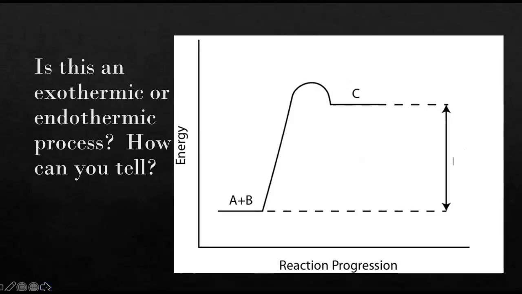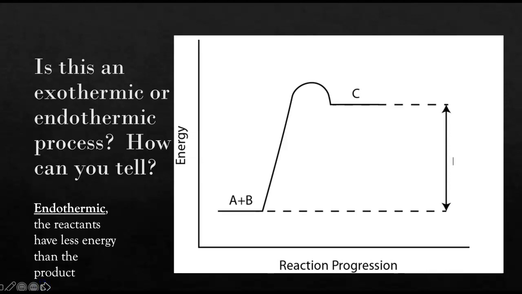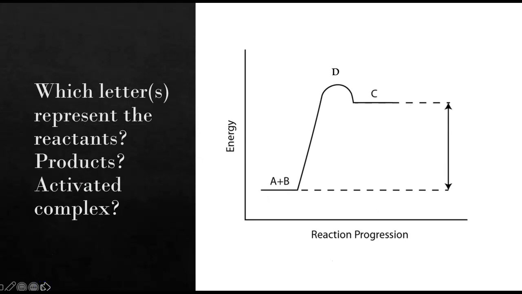How about this one? Obviously, this is an endothermic reaction. The reactants have less energy than the products, so we're having to push those reactants, A and B, up that hill. How about this one? Can you identify each of the letters?